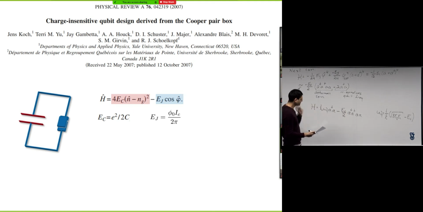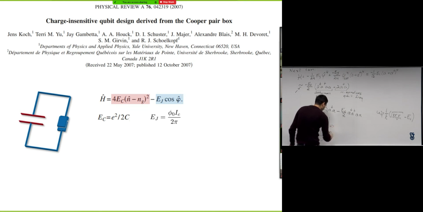Now, if you plot the energy levels of this thing, so this is a harmonic oscillator. This first energy difference is just going to be h bar omega q. So we have 0, this is 1, but now we have 2.